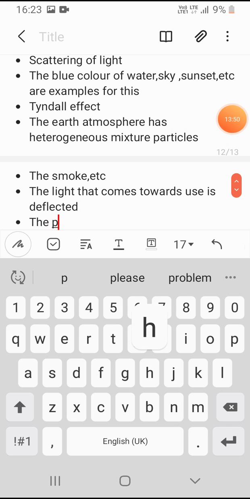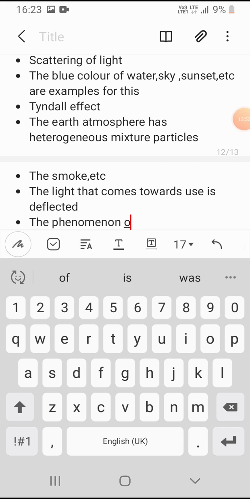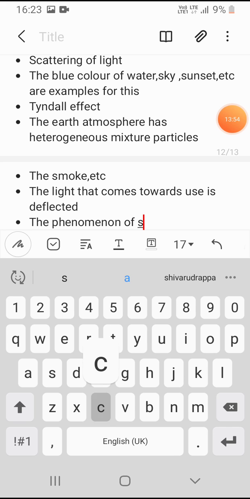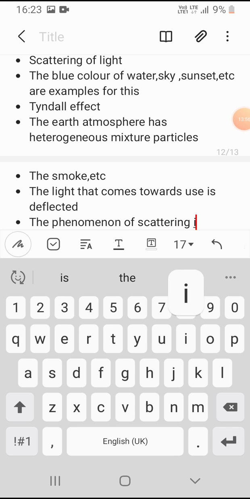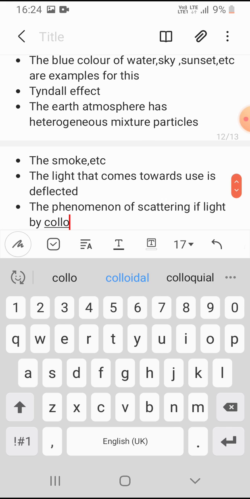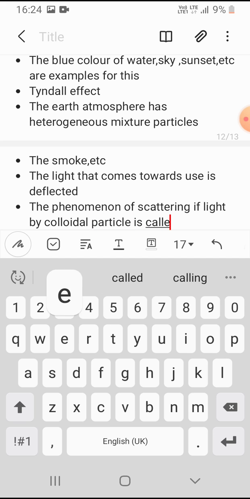So the phenomenon of scattering of light by colloidal particles is called the Tyndall effect.